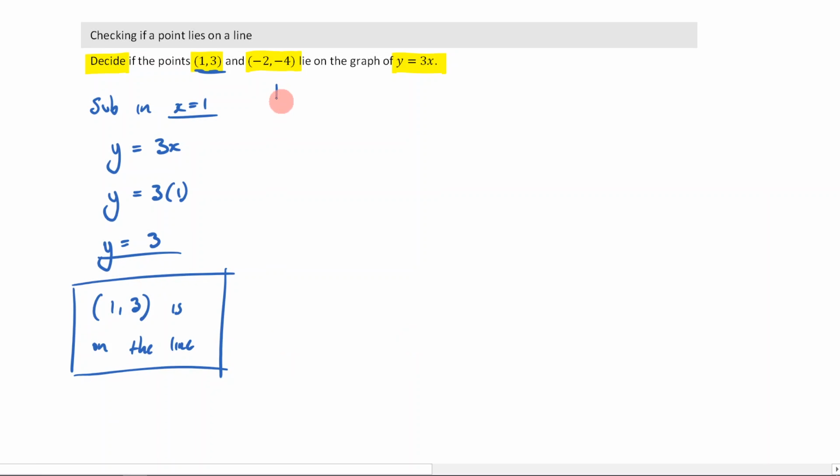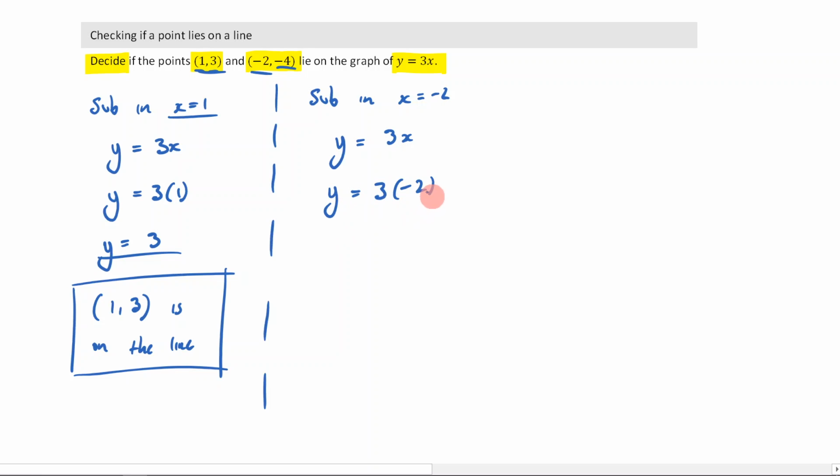All right, let's go through the next one. We're going to do exactly the same thing. We're going to sub in x is equal to negative 2, and we're going to see if we get negative 4 out. Now, based on our visualization, our graph, we know it's not going to work. We've got y is equal to 3x. I'm going to sub negative 2 into it. y is going to be equal to negative 6.